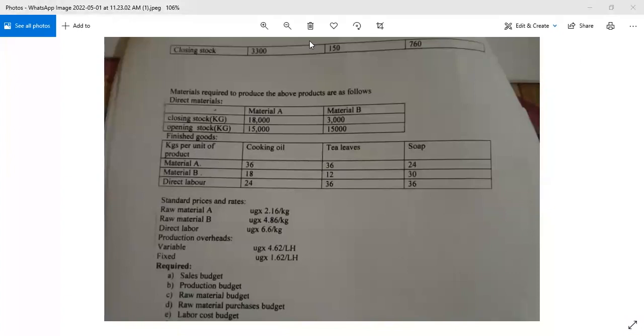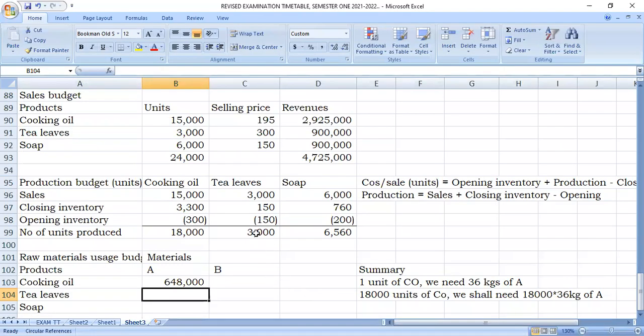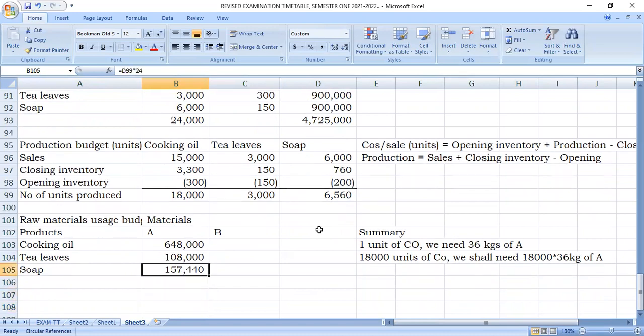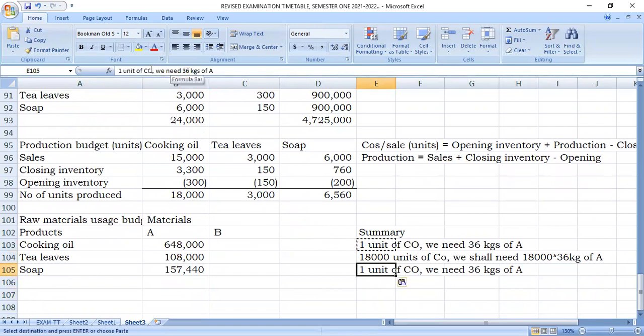So therefore, for tea leaves, we're saying you will get the number of tea leaves, which are 3,000 times 36. Whereas for soap, you want to get the number of units that you need times 24. Since a single unit of soap, you need 24 units of material A. Yeah, yes, let me summarize just this one. I want to do the whole thing, but let me show you that for 1 unit of, in this case, tea leaves.